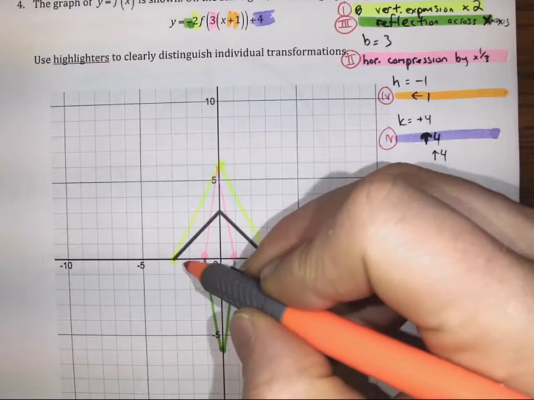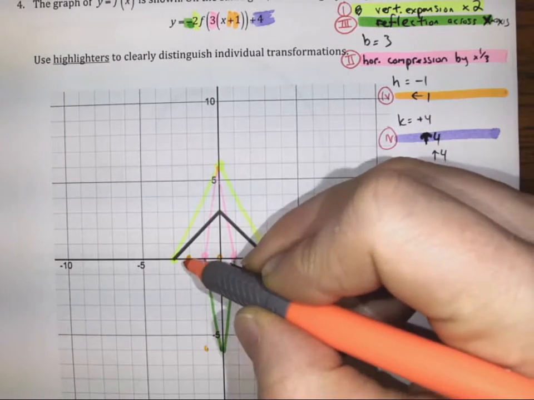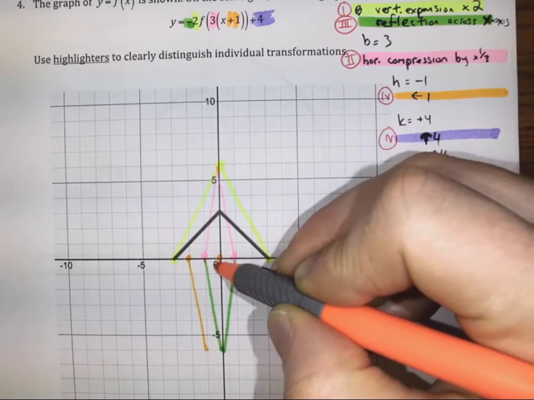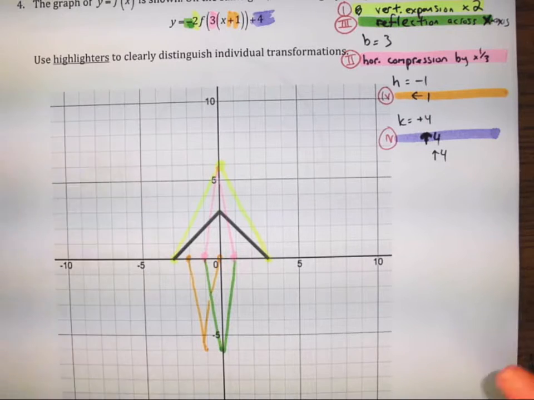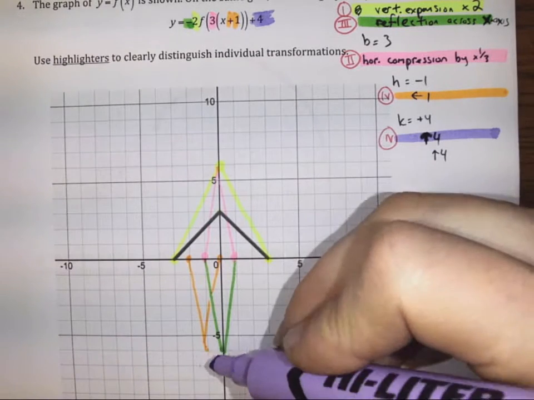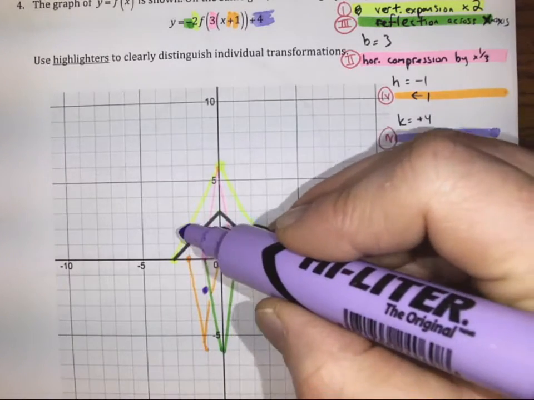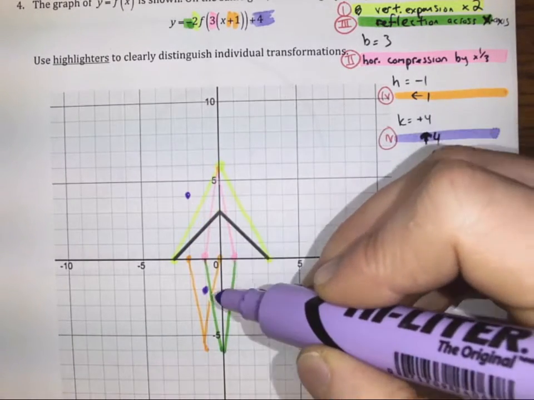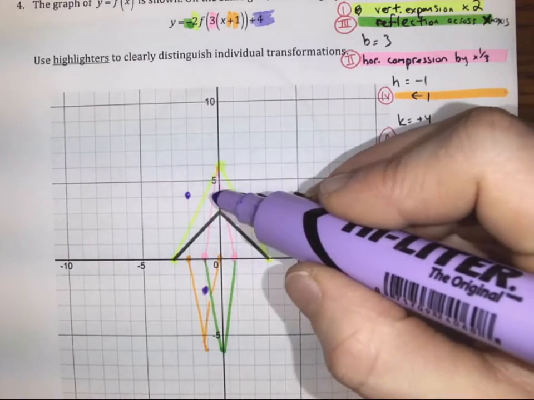So left 1, everything moves left 1. So that's this one. And then up 4, that's going to be in purple, or lavender, our last one. Each of these values is going to move up 4: 1, 2, 3, 4. 1, 2, 3, 4. And this one, 1, 2, 3, 4.